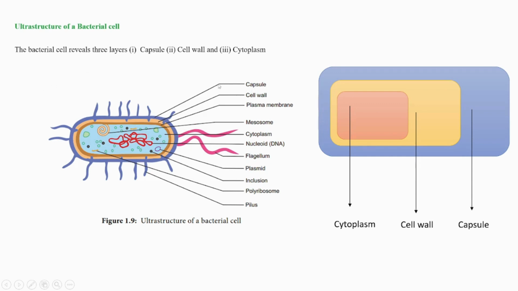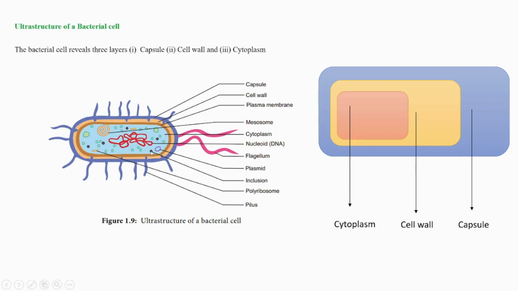You can see the capsule, which is the completely outer covering of the bacterial cell, followed by the cell wall, here in light orange color, followed by the plasma membrane. You can see mesosomes, cytoplasm, nucleoid, which is nothing but the genetic material, flagella for movement, plasmids, inclusion bodies.